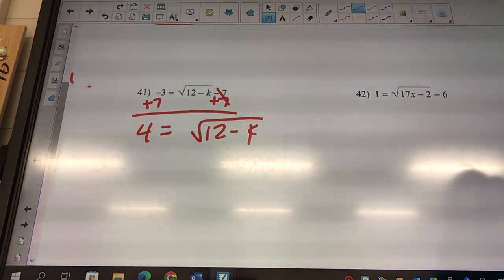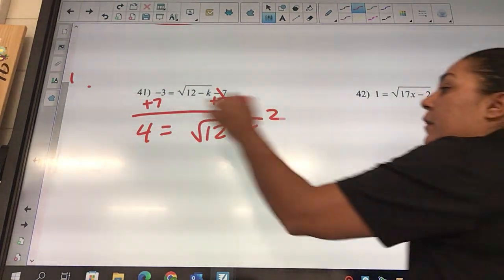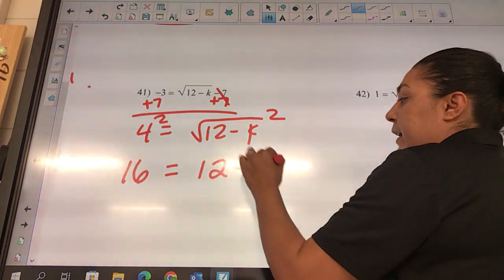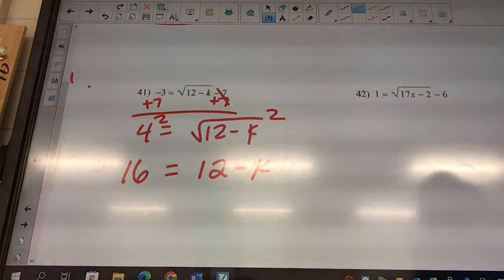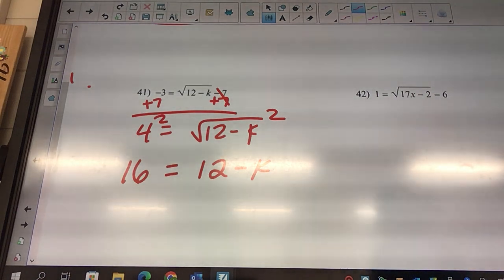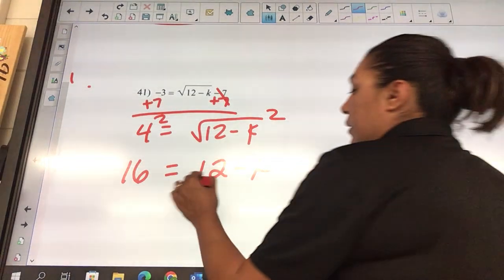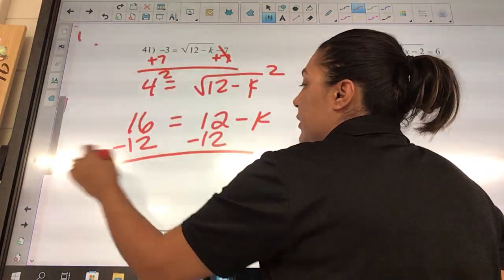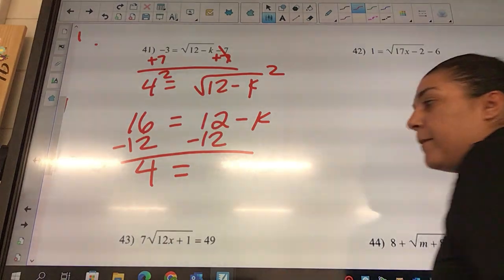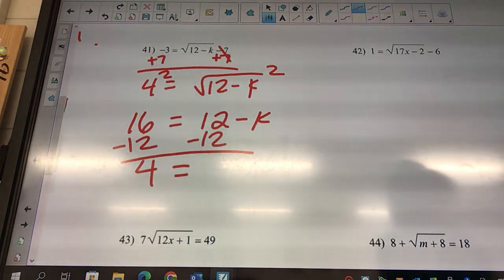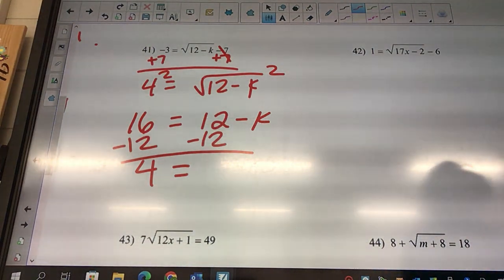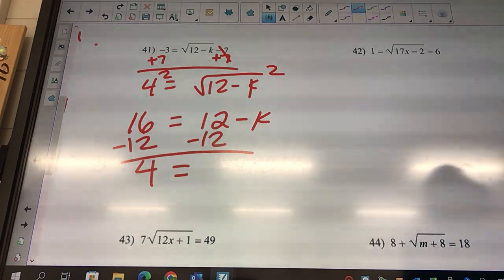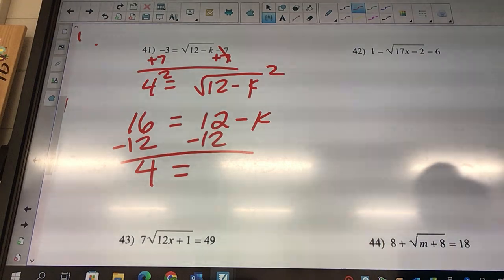Then what? Squared, good. And we already know 4 squared is 16 equals 12 minus k. So now we minus 12, good. Okay, so we're gonna get 4 equals what? 4 is K.